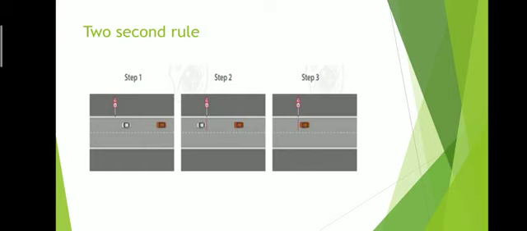In step 3, when your car reaches the reference point, you stop counting. This distance has to be more than 2 seconds. By this you can realize the distance between you and the car in front of you.